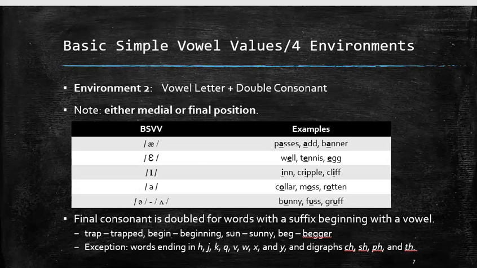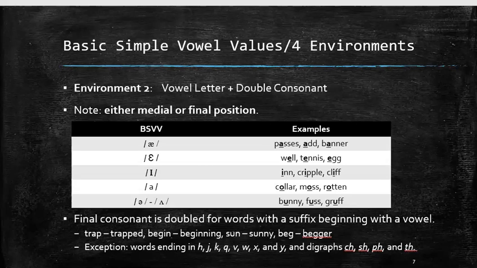And this double consonant will mostly occur when you have a final suffix, or you have a suffix which begins with a vowel. So the word pass, it's inflected for either the plural or the third person singular. You have the same sound, and here you have a double consonant.